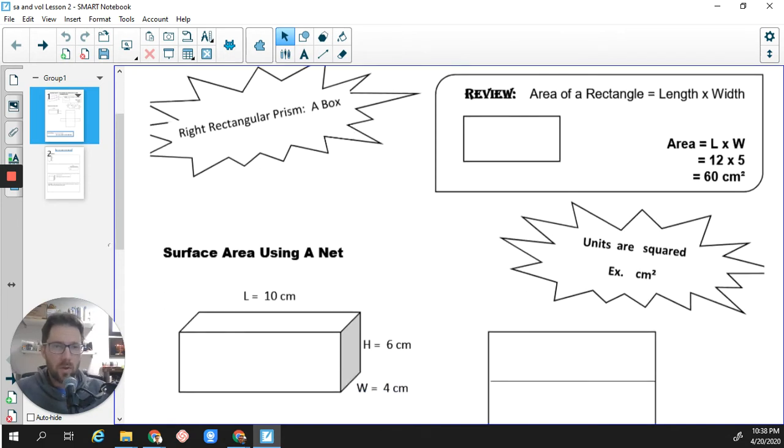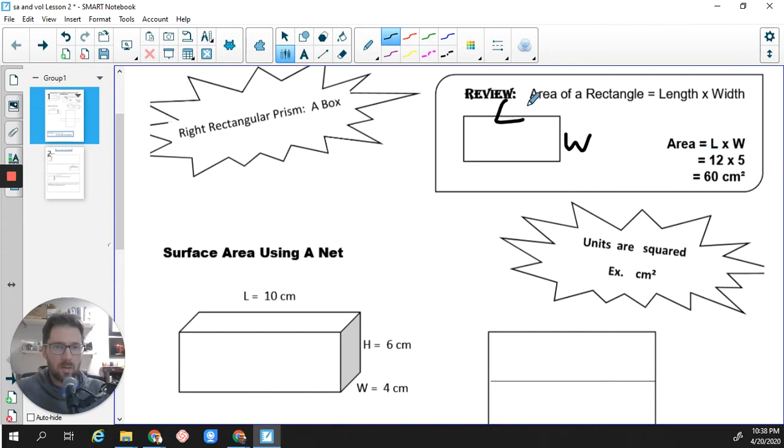So if we do a quick review, if we think about what we've been doing in RTI, a month ago, before we all left, we looked at the area of a rectangle. So when we were doing that, we looked at that the area is length times width. So we got the length and we got the width, and we multiply them together.